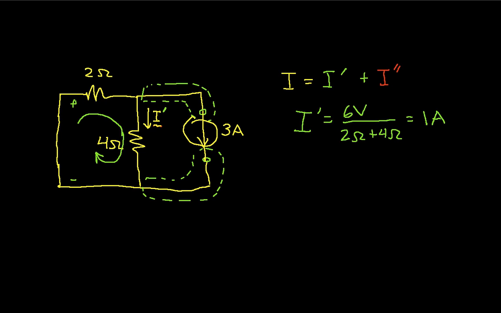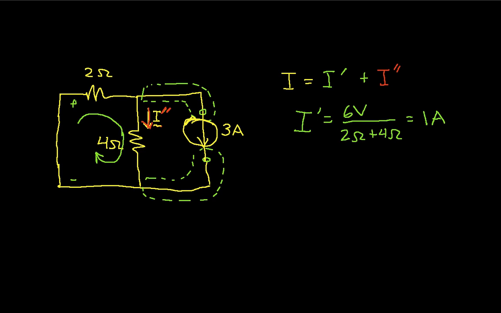The idea here is that the voltage across this voltage source will be 0 no matter how much current is flowing through it. So that's basically a short circuit. Now I have my 3 amps, and I want to find the current I double prime, the current still flowing down through the 4 ohm resistor.